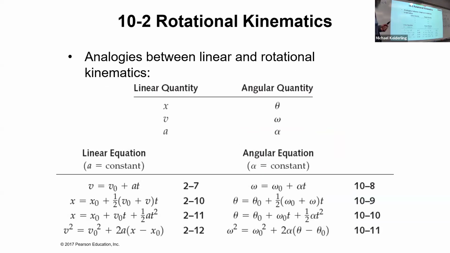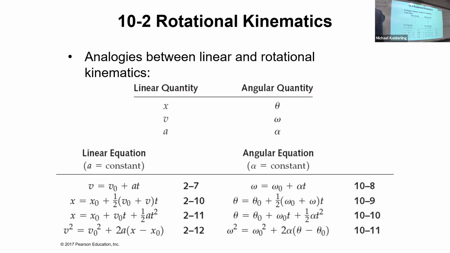And in fact, all the kinematic equations that we learned for linear kinematics back in chapter 2, there is an analog where all you do is replace x with theta, v with omega, and a with alpha. So omega equals omega naught plus alpha t. Theta equals theta naught plus 1/2 omega naught plus omega times t.